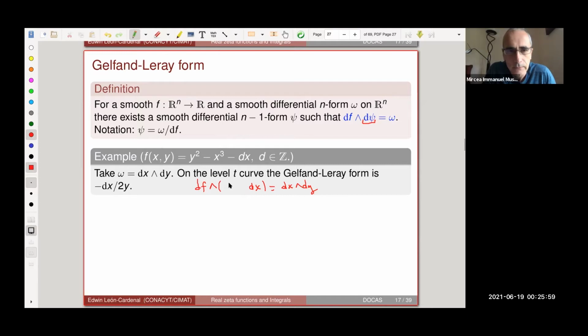Maybe I'm missing something. So I was asking whether it's really d psi or you just want to have psi. Yeah, maybe it's just psi. Okay, yeah. Thank you. Sure. Yeah, sorry.